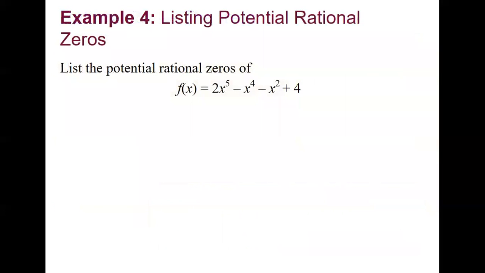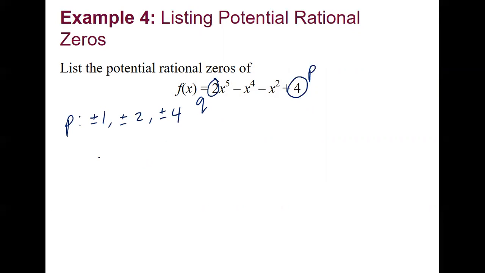So for example, we have 2x to the 5th minus x to the 4th minus x squared plus 4. This is my constant, so this is my P. This is my leading coefficient, so this is my Q. The factors of 4 are plus or minus 1, plus or minus 2, plus or minus 4.